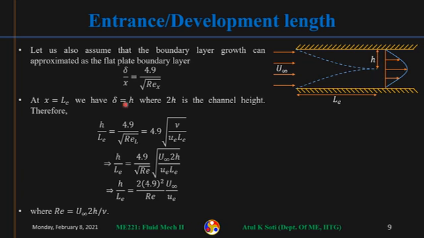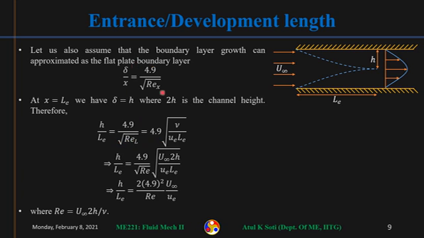So both boundary layers will increase in thickness symmetrically, and they will reach h and h, and they will merge. So the boundary layer thickness delta will become h, and x is equal to Le, where 2h is the channel height. So I can use this equation: delta is h, x is Le, and Rex is the Reynolds number.